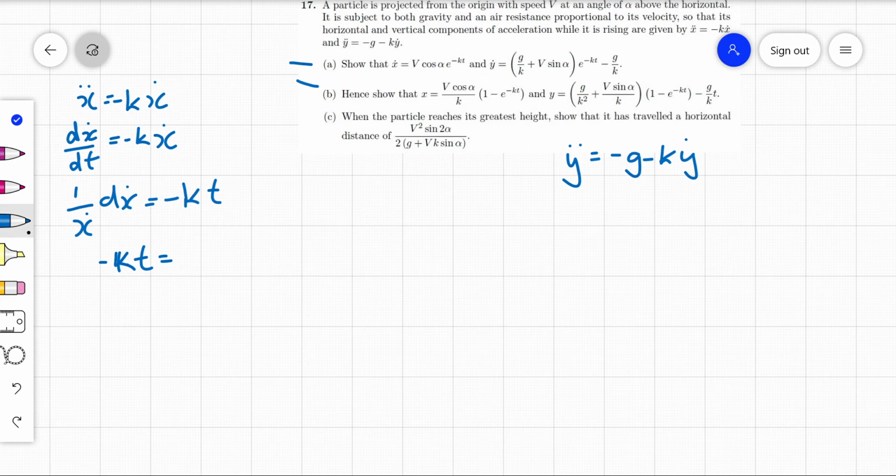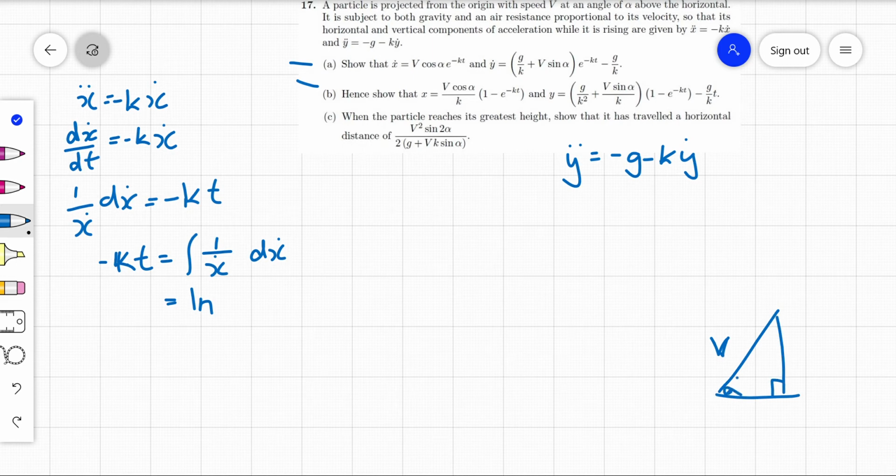So we're going to have the integral of 1 on x dot with respect to x dot. When we do that, we of course get log, and remember, initially we've got a velocity of v, and this angle is alpha.